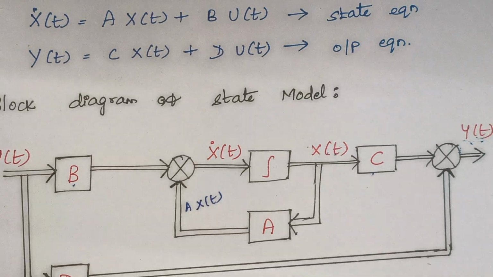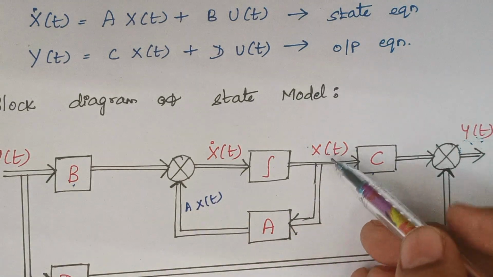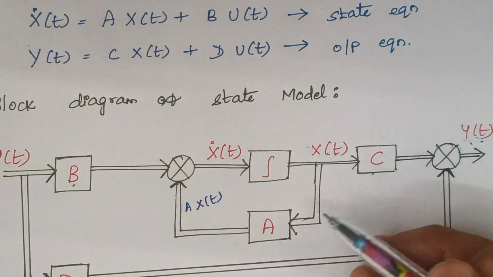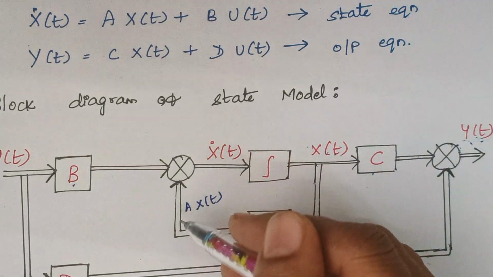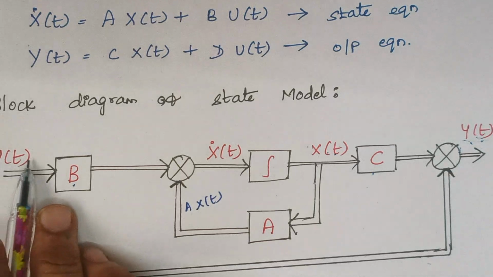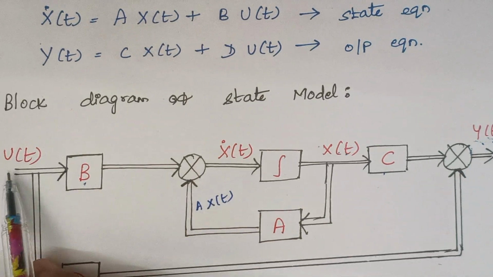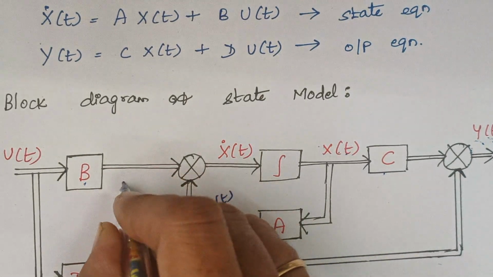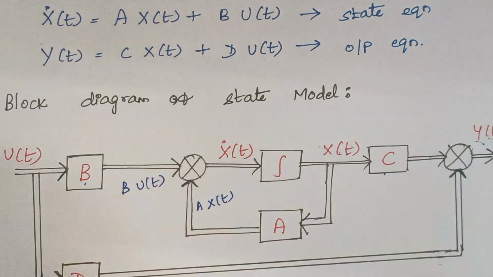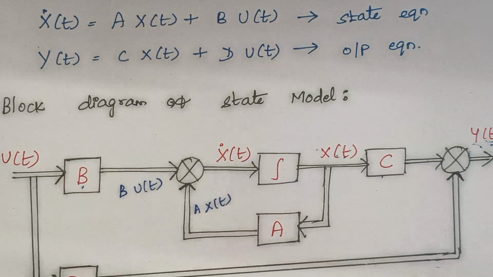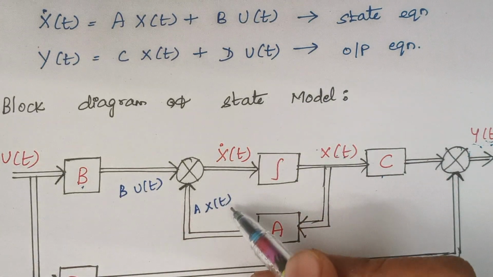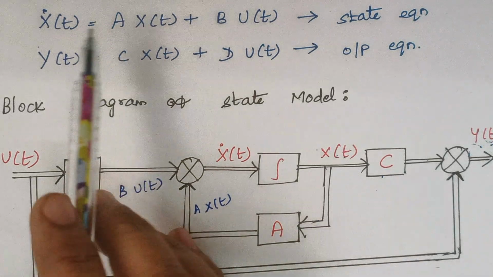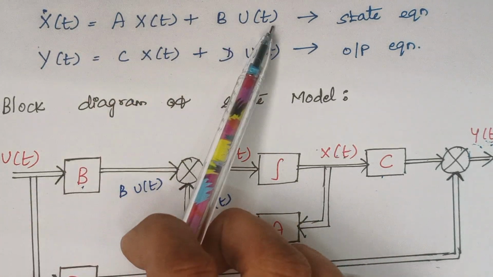Do you agree? Here is x of t. This x of t is given to both C as well as A. So when it is given to A, the output is A into x of t. And this u of t is given as input to B, so the output is B into u of t. So here the output x dot of t is nothing but A into x of t plus B into u of t. This is our first equation.